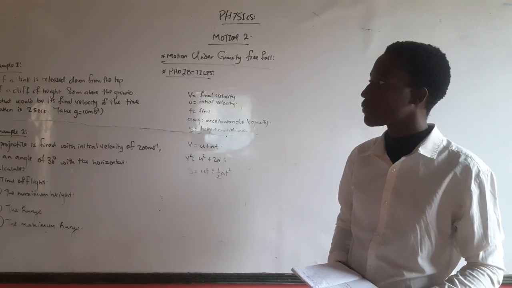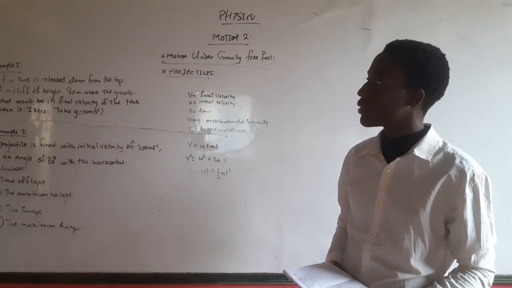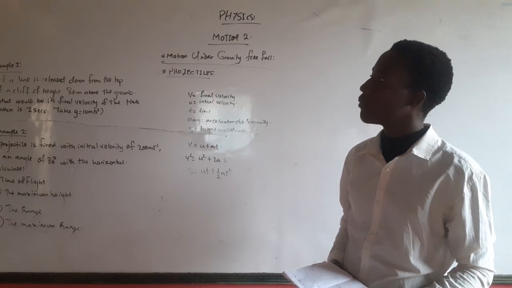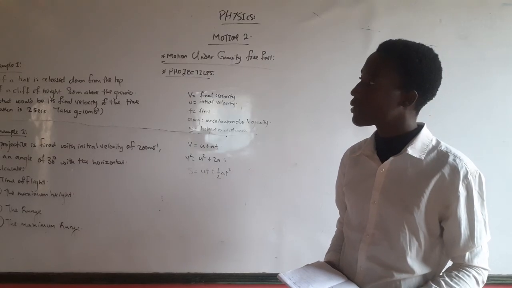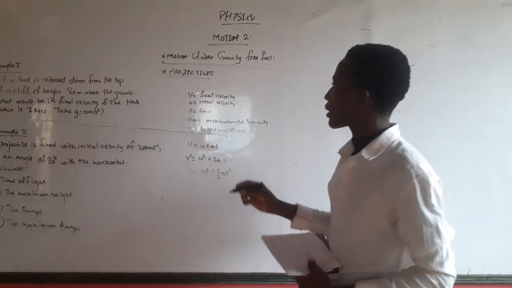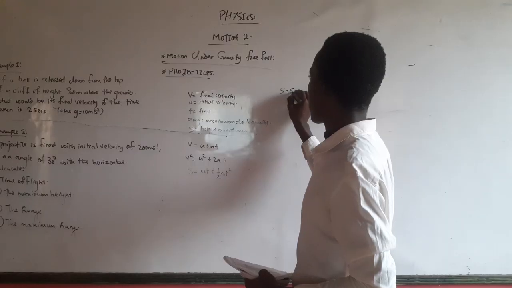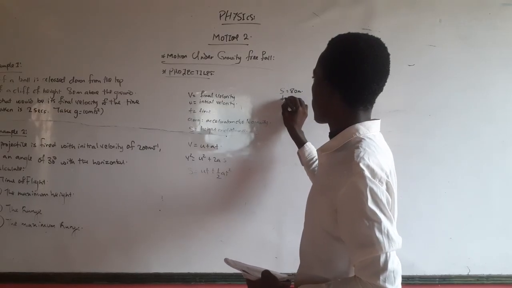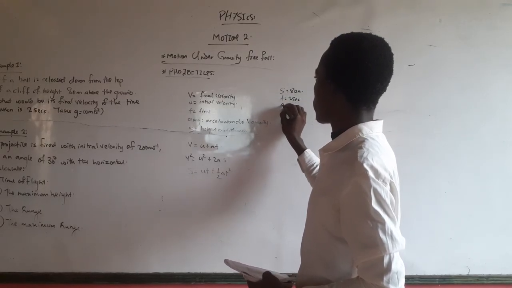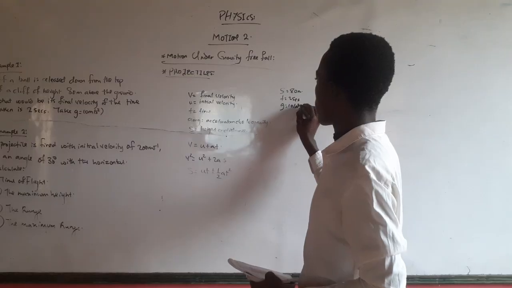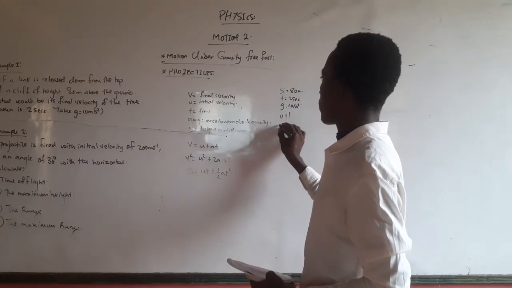So you list out the parameters: s is equal to 80 meters, t is equal to 2 seconds, g is equal to 10 meters per second squared, v is unknown.